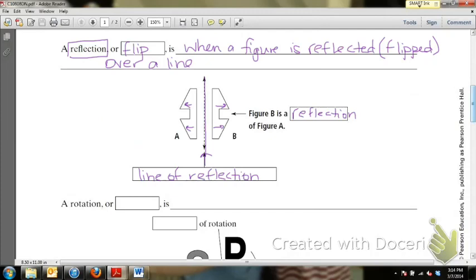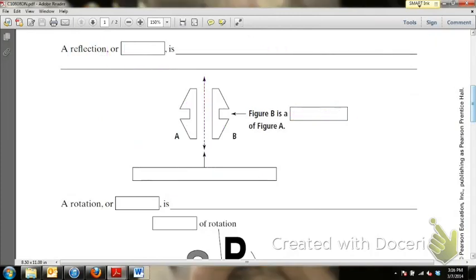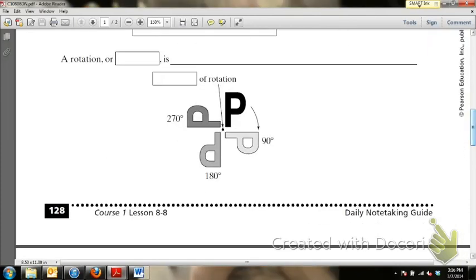Okay, so translation, we slide. Reflection is a flip. And the last one is a rotation. A rotation is like a turn. Oh, I didn't fill in a box up there, did I? Sorry.